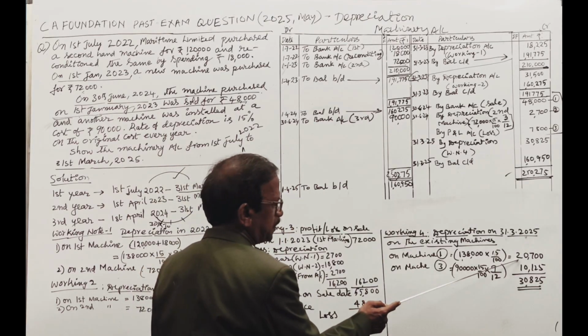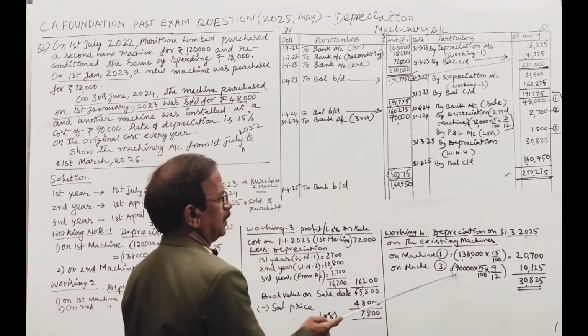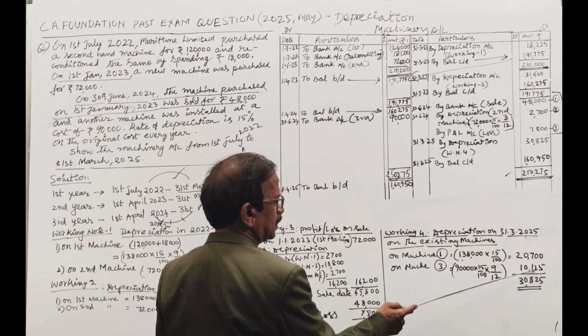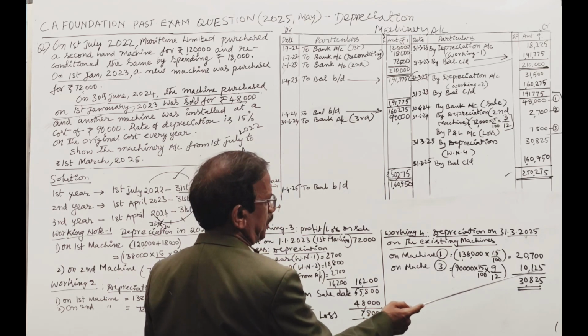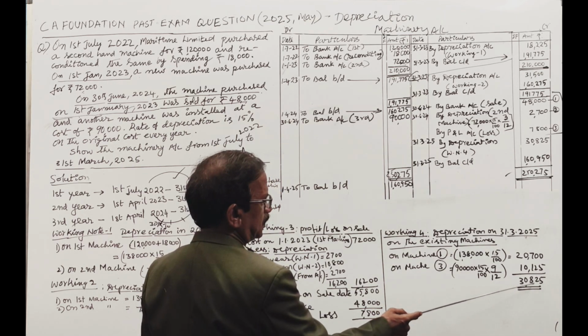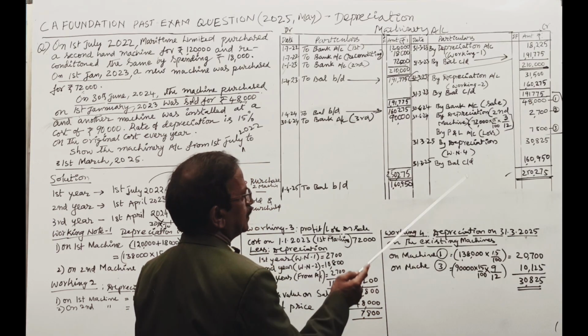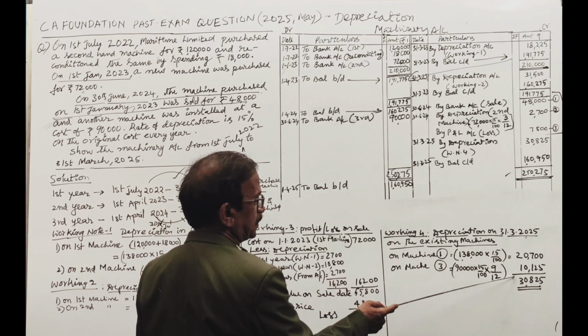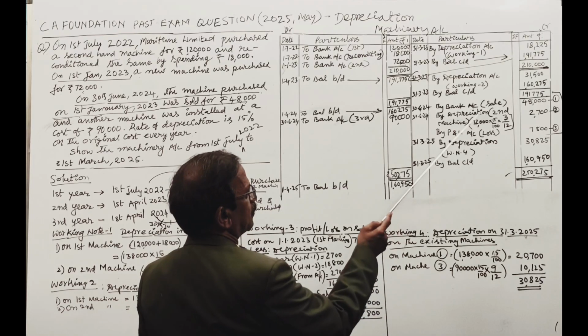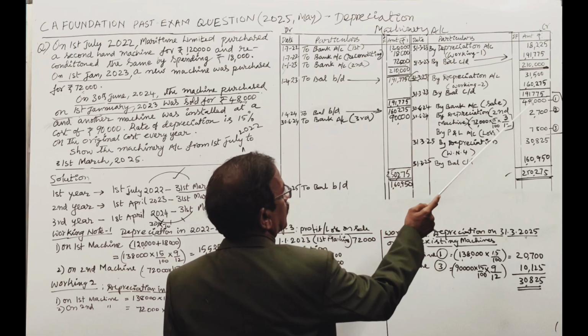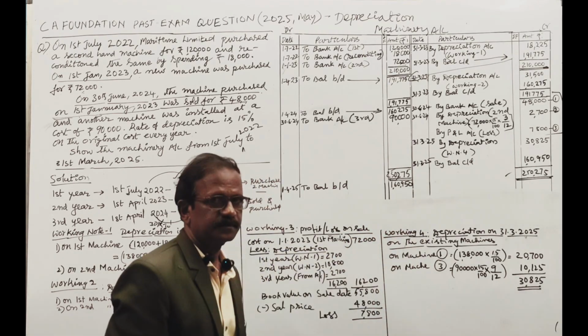Now first machine depreciation 20,700. Third machine depreciation 10,125. Total is 30,825. We should not add the second machine depreciation here once again, because already we have written the second machine depreciation during the year.